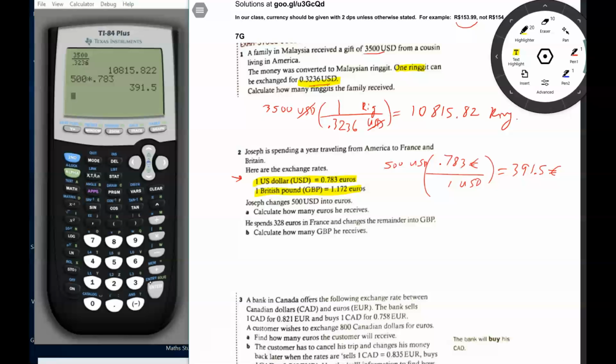Part B. He spends 328 euros in France and changes the remainder into GBP. How many GBP did he receive? So we're going to subtract 328 from 391.5. We get how many euros?